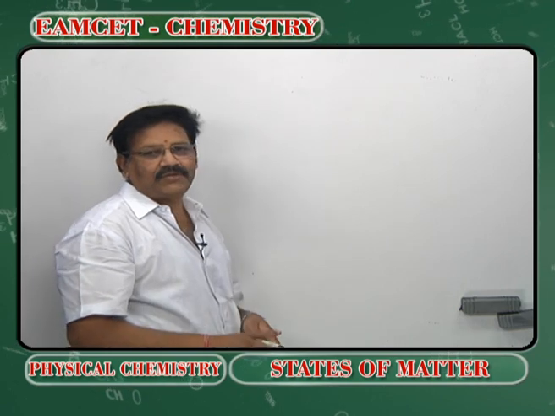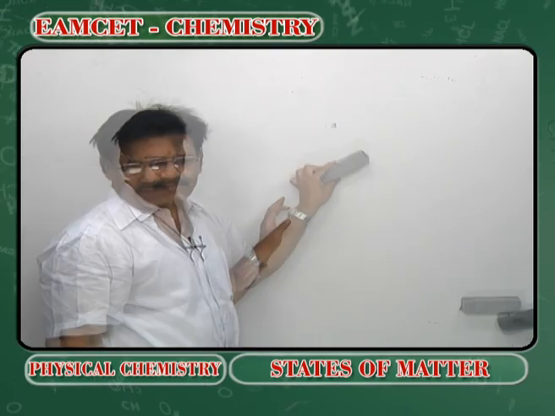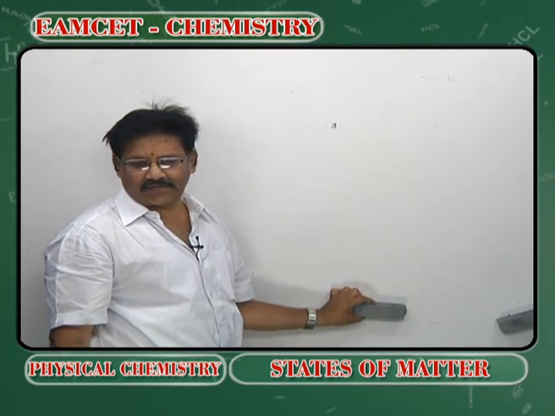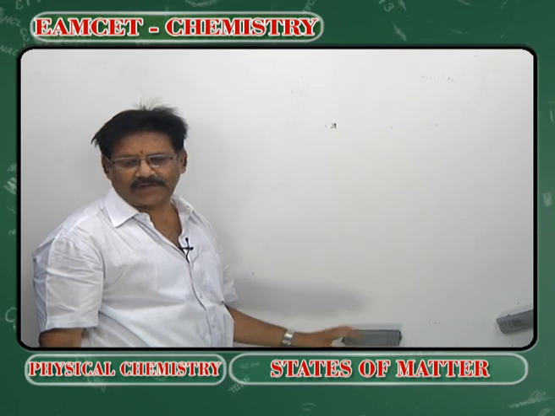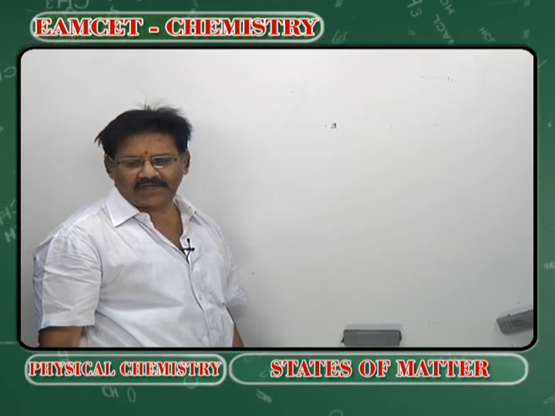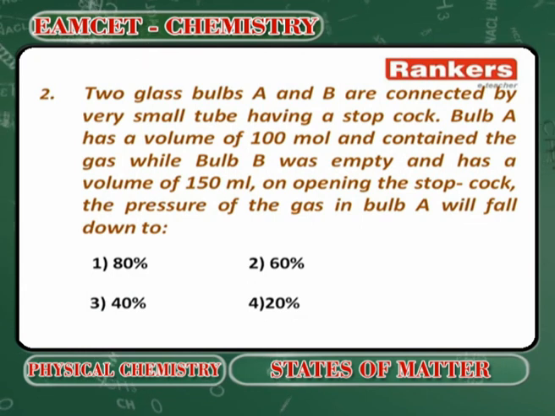Now let us come to the discussion of the questions. Two glass bulbs A and B are connected by a very small tube having a stopcock. Bulb A has a volume of 100 ml and contained the gas, while bulb B was empty and has a volume of 150 ml. Opening the stopcock, the pressure of the gas will fall down.